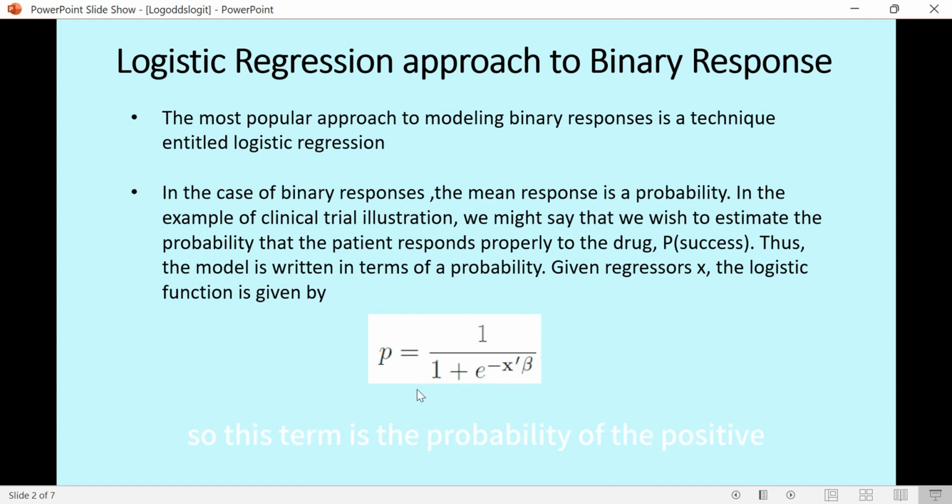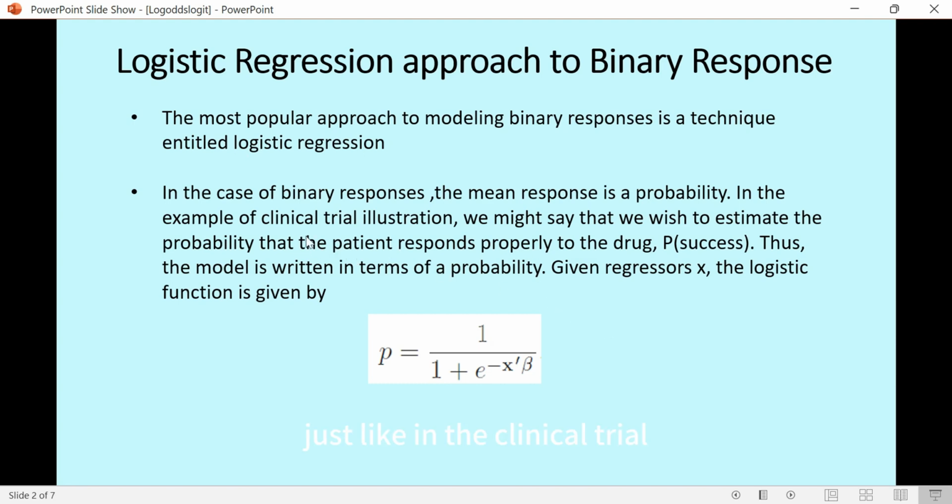This term is the probability of the positive result of a binary experiment, and we model these binary experiment results using logistic regression. So this is quite clear.